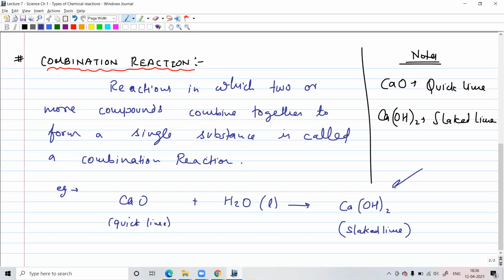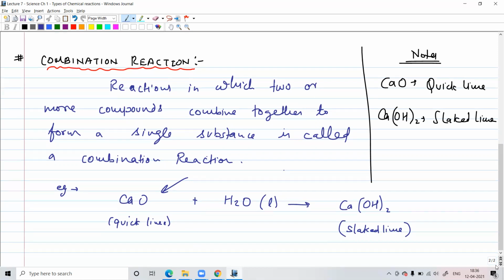Scientific name is calcium hydroxide. Common name is slaked lime. Same thing for this one, calcium oxide, and this common name is quicklime. Okay. So this one example we just now saw.